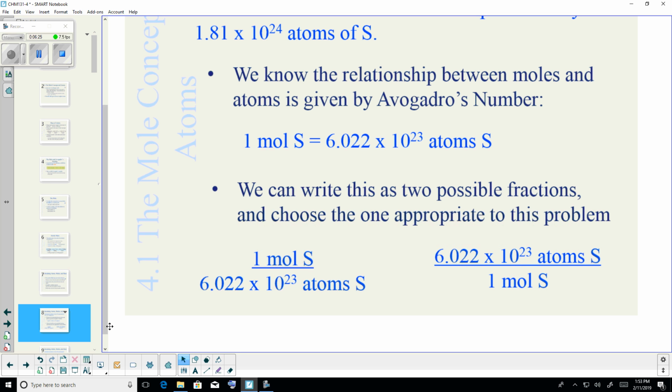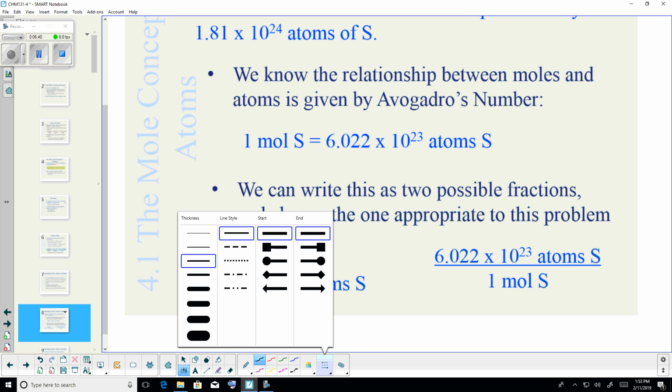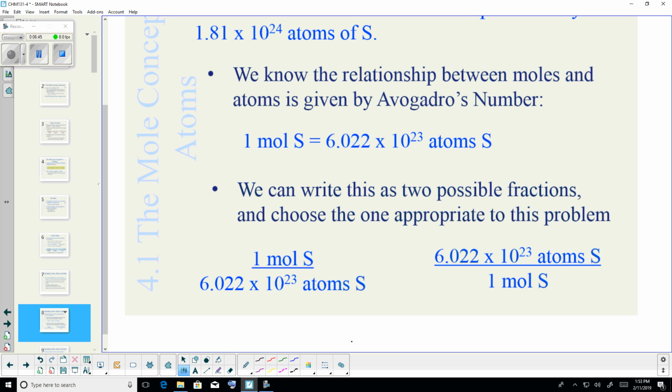So if we look at this, before I mess it up, I can go 1.81 times 10 to the 24th atoms of sulfur. I want to know how many moles.